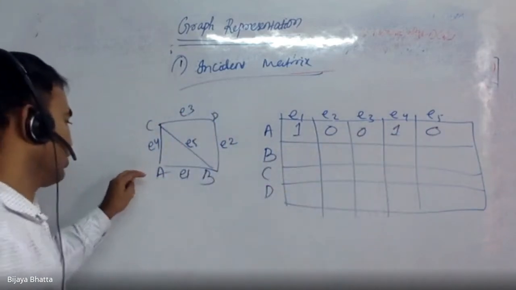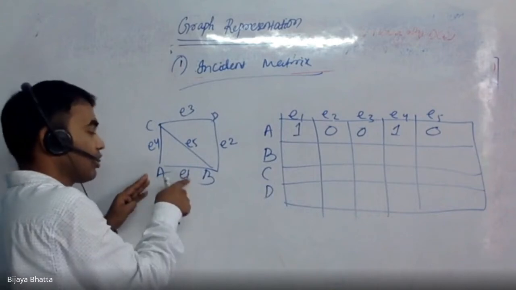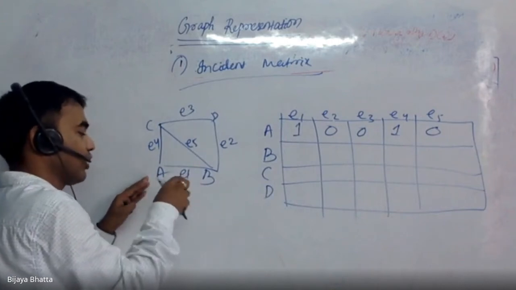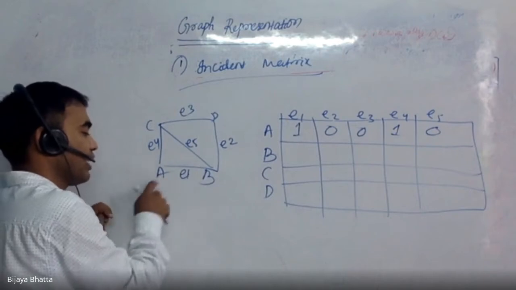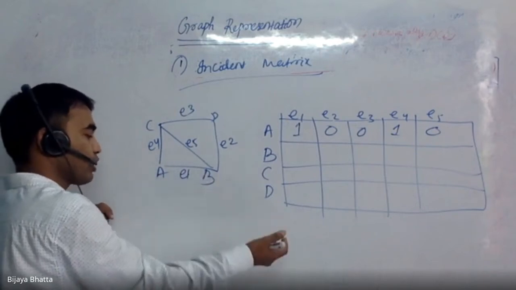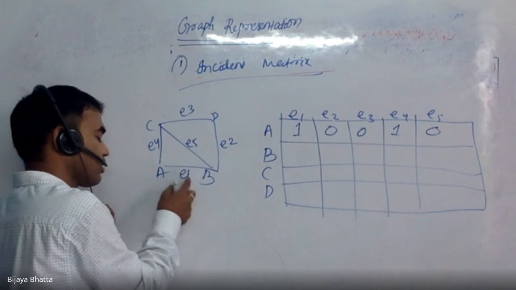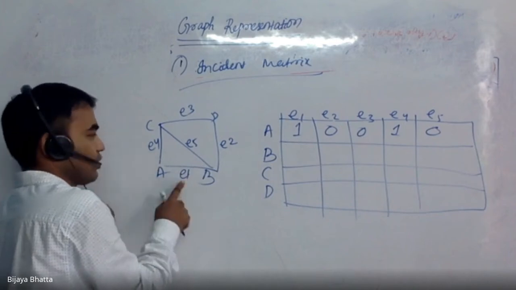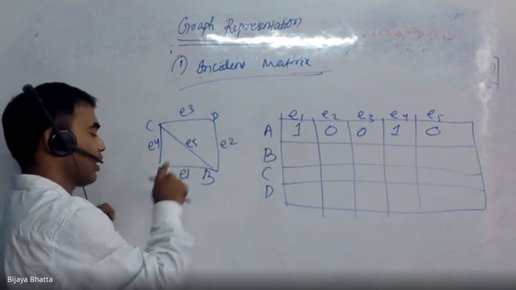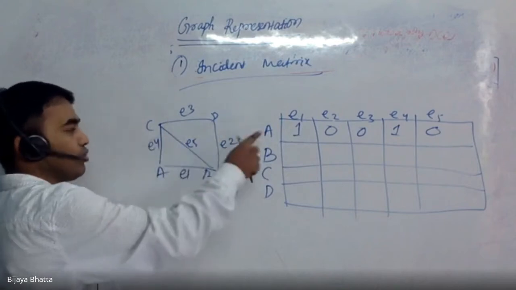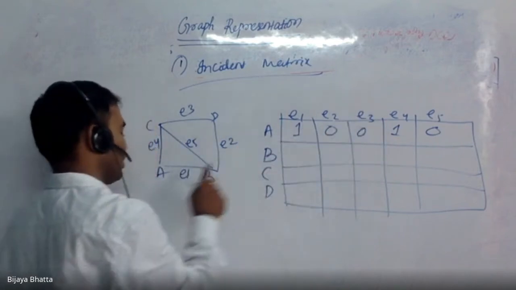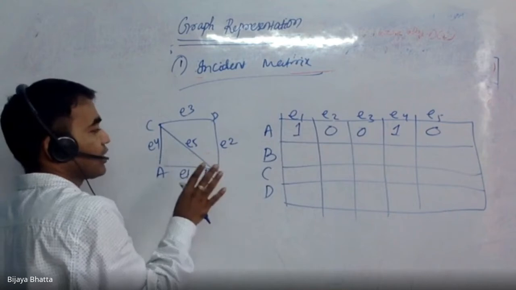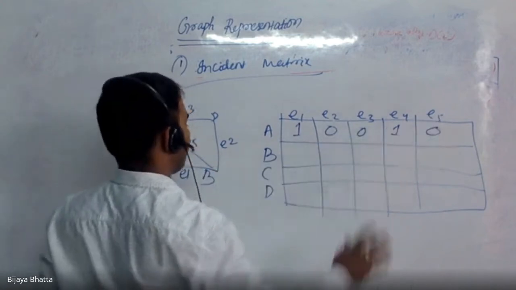So whether A is incident on this edge, that's what we are saying, not on a vertex. Earlier we were asking whether A is incident on B. Now we are asking whether A is incident on this edge. Yes, on E1 it is incident, so I kept 1. A is also incident on E4, so in E4 I kept 1. And A is not incident on any other edge, so I kept 0.